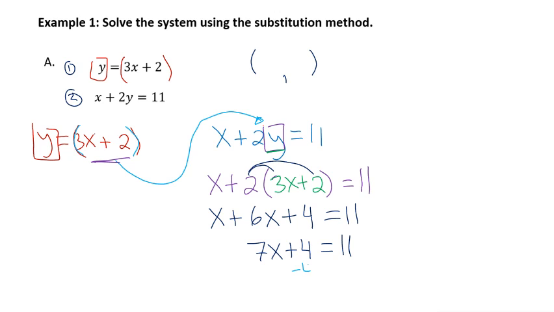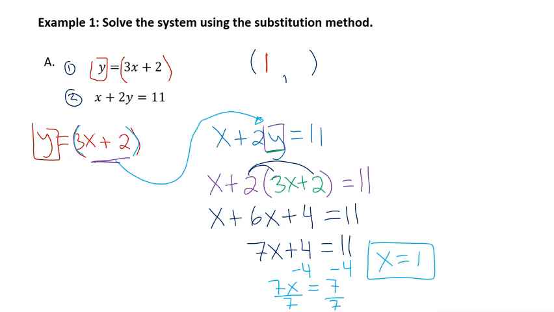So I'm going to subtract the 4 and then divide by 7. My first piece is x is equal to 1. That was a lot of work, but we're not quite done with the problem yet. We still have to simplify and evaluate to find our other variable.